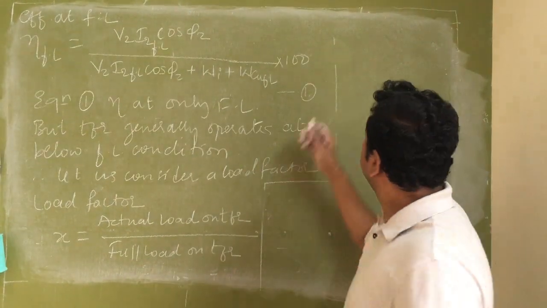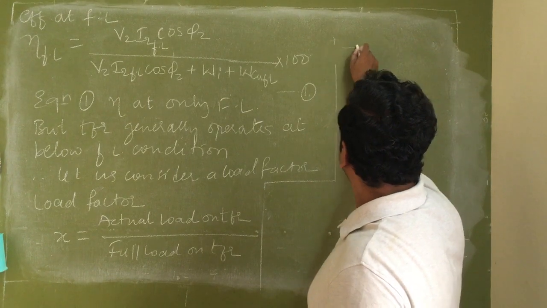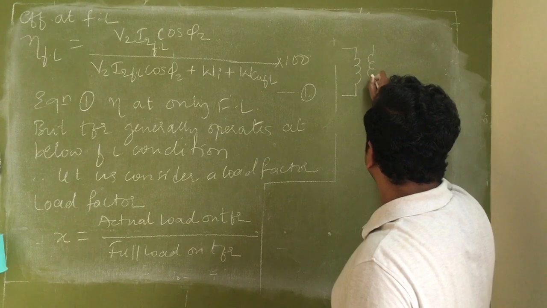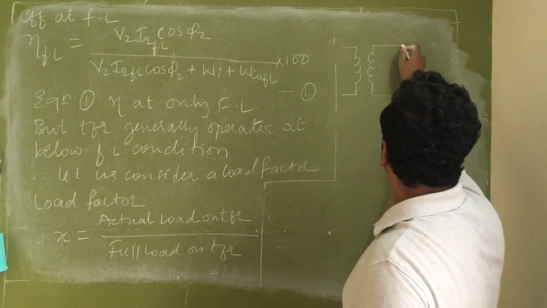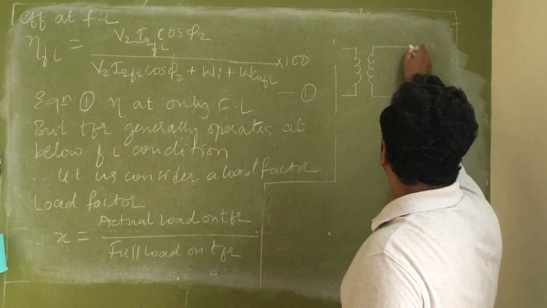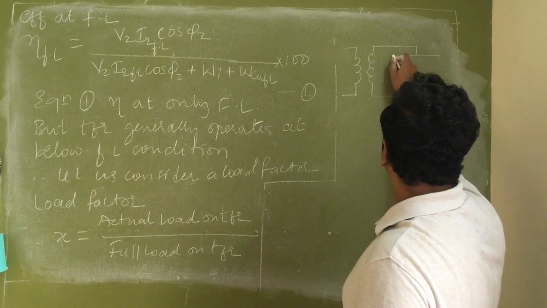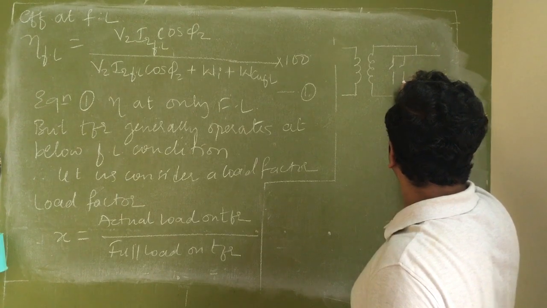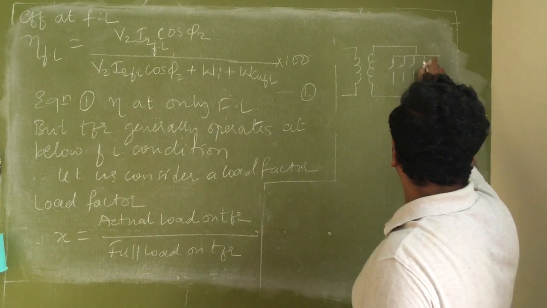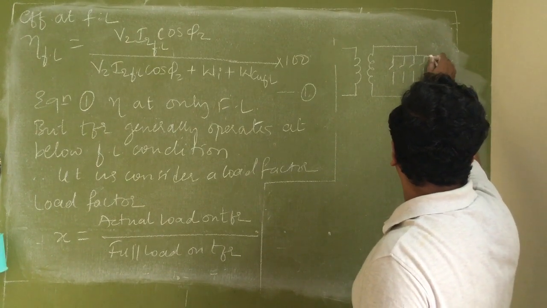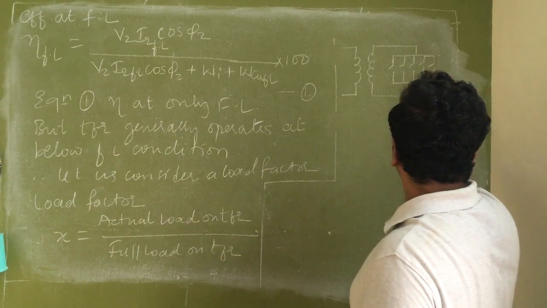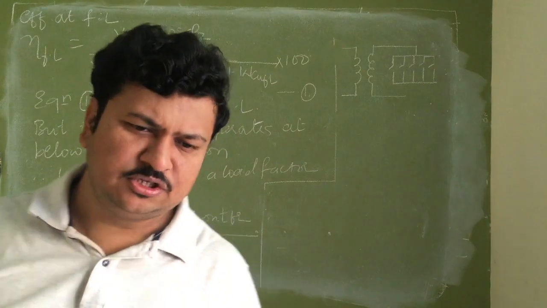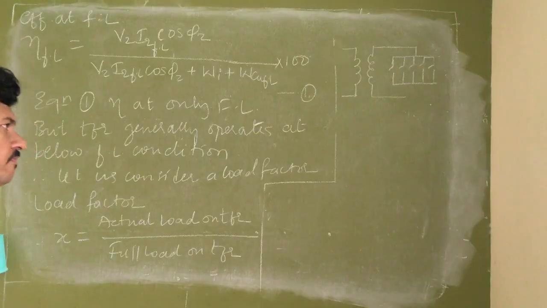So let us take the transformer. I will not show the primary. It is evident that primary is connected to supply. Now I have various load connections. I will not show the load also, simply I will show a switch. So these are the loads connected, simple switches.